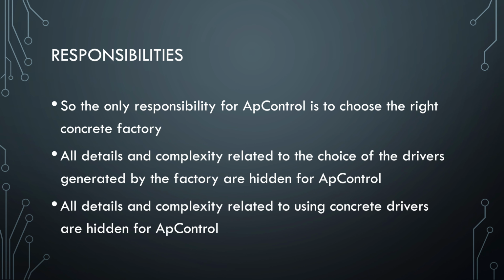The complexity of choosing actual drivers is now hidden by the factory. For app control, it doesn't matter which combination of drivers it needs to use. That choice is handled by the factory. Also, app control doesn't need to know anything about the complexity of particular drivers. It doesn't matter if app control uses a high-res or a low-res driver because the interface is the same.